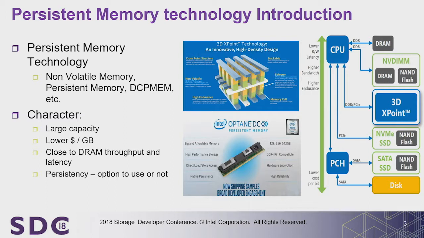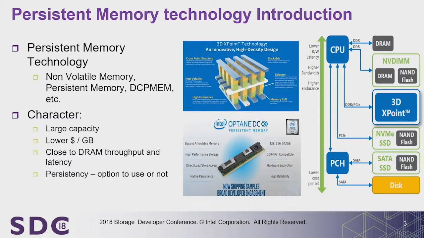And this is the hierarchy where 3D XPoint is located, compared to where NVDIMM sits. It has bigger capacity and is a little bit slower than DRAM, but has much lower latency and higher performance than traditional NVMe SSD. That's why the hierarchy locates this kind of product there. As mentioned before, it has a very large capacity compared to traditional DRAM, so it has lower dollars per gigabyte for sure.